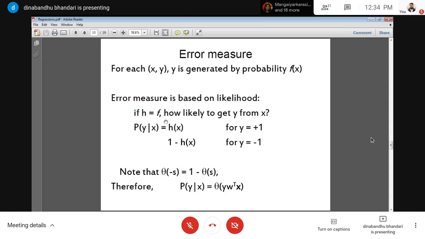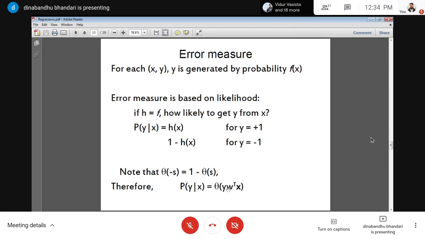Now see, this is what we have assumed, right? P of y given x equal to hx. It has to be there because our value we have is y, but we are assuming this as a function. So y equal to -1 has to be 1 minus hx. That is the probabilistic term, right? Now when we assume that hx is equal to theta of w transpose x, then p of y given x is theta of w transpose x when y equal to +1, and you multiply here with y.